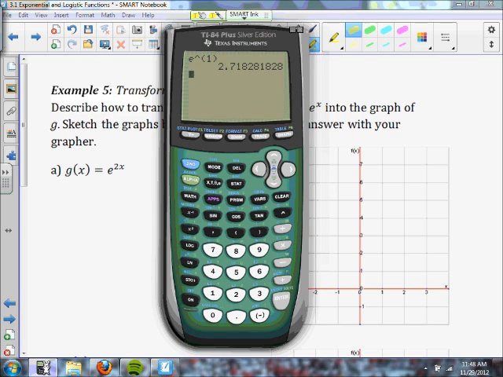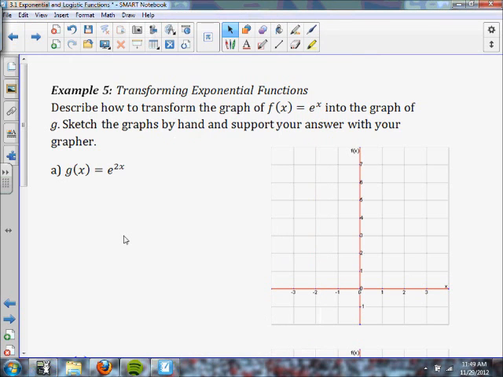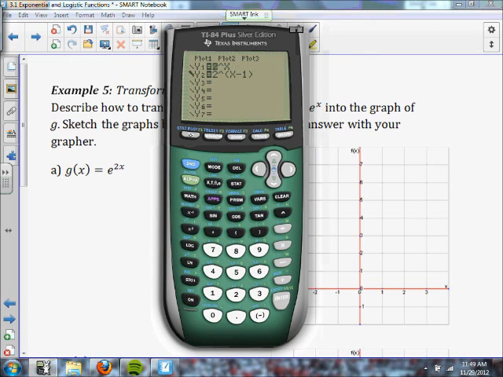Now, we know e to the first power is 2.718. If we put e to the x in here, and we found the table, okay? You could really see, this is all we'll be able to fit on our graph, right? When x is negative 4, it's like 0.018. When x is negative 3, it's like 0.05.